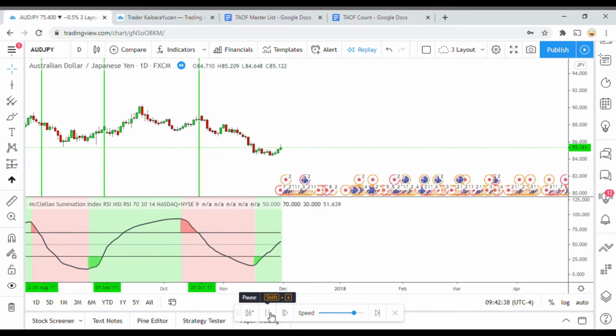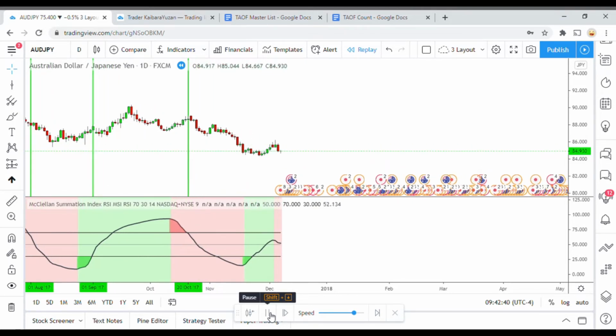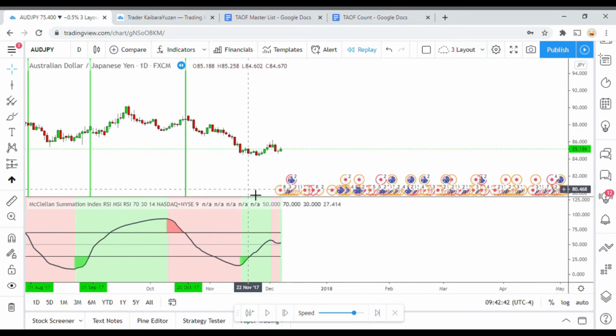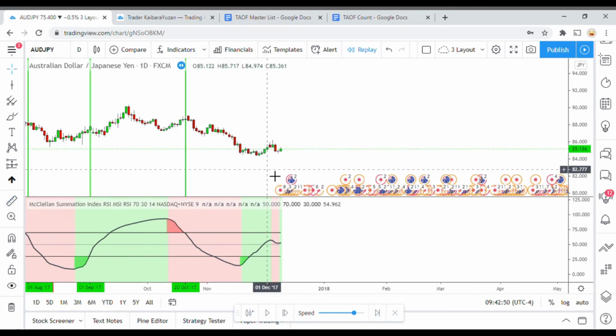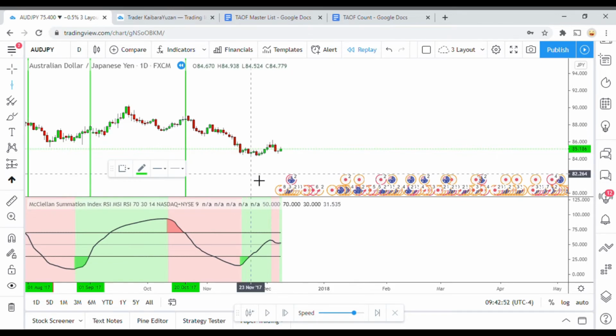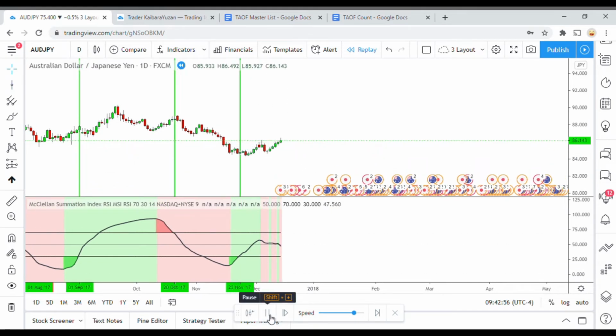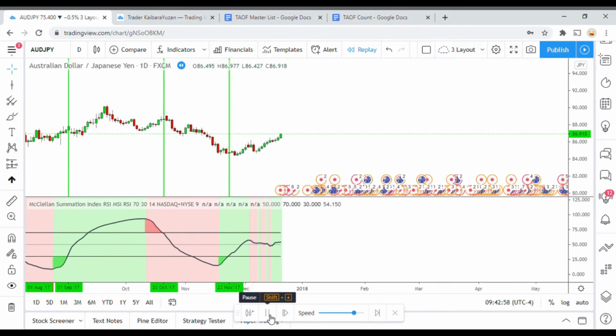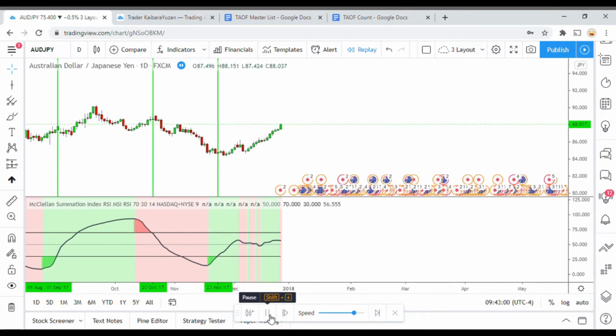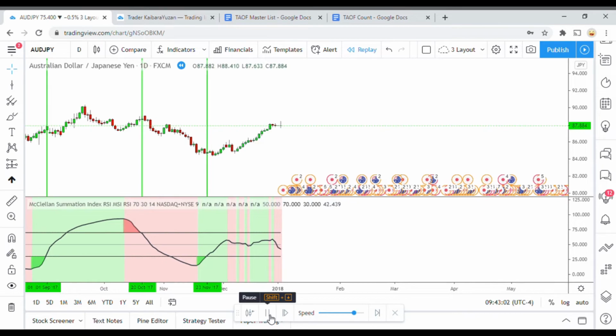See here, we're down and we're now peaking back to the upside. Let's see. I do believe we were able to snag a win off that one. Yes, we were. Nicely done. We're in December now, almost to the end of the year.